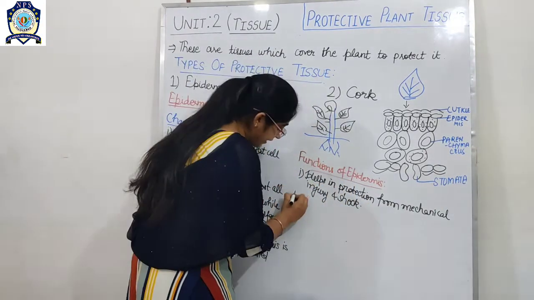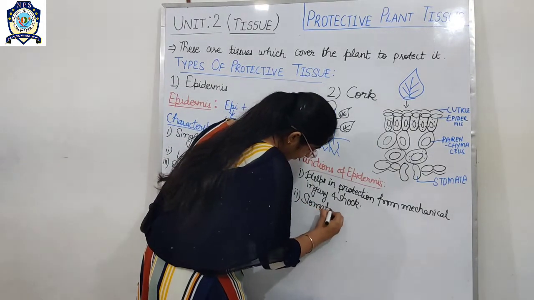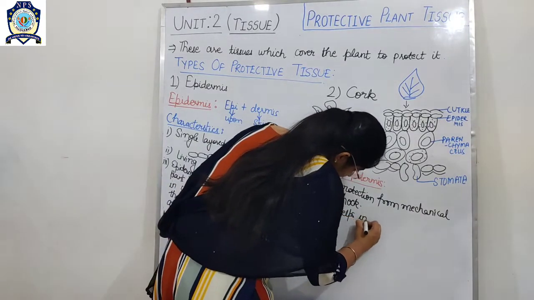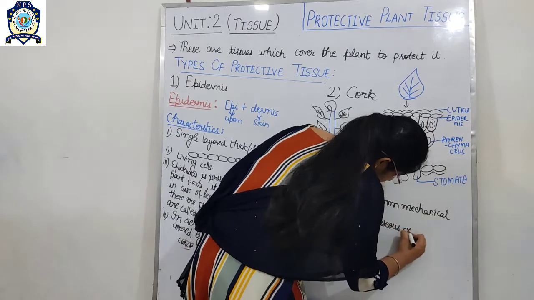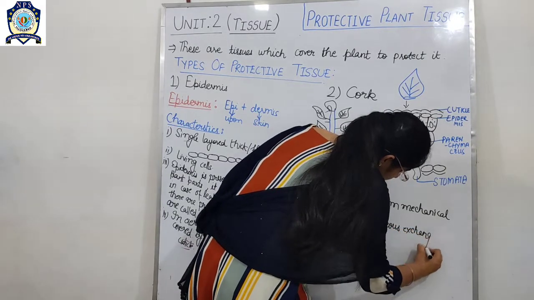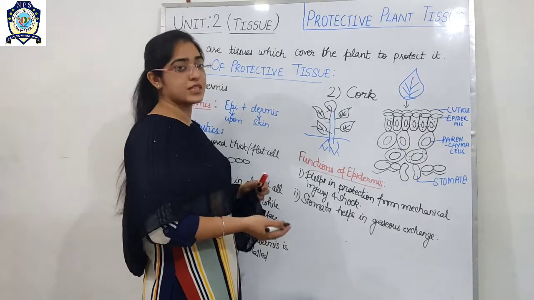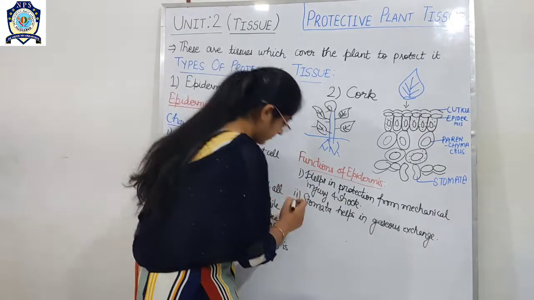Second, stomata help in gaseous exchange. Through these pores oxygen enters into the plant and also through these pores CO2 diffuses out of the cell.